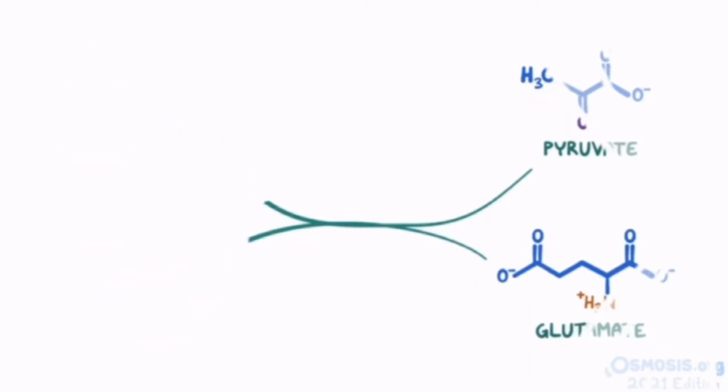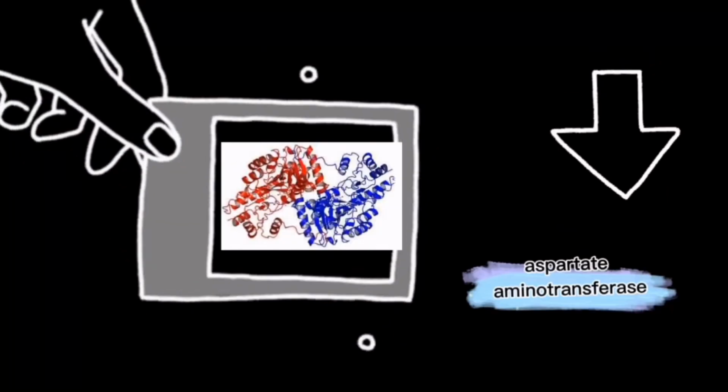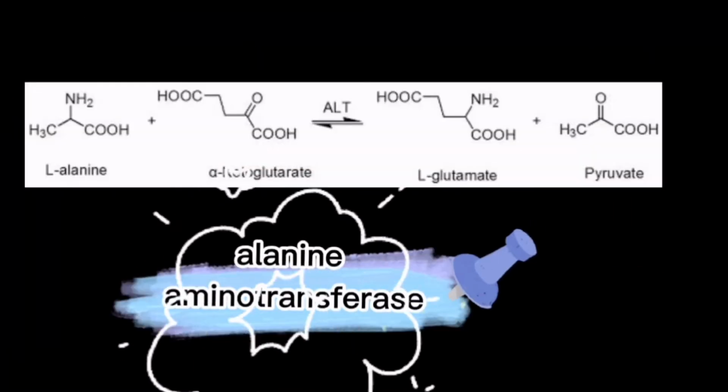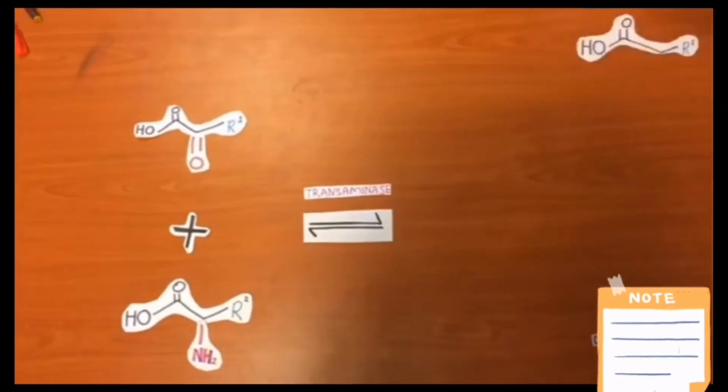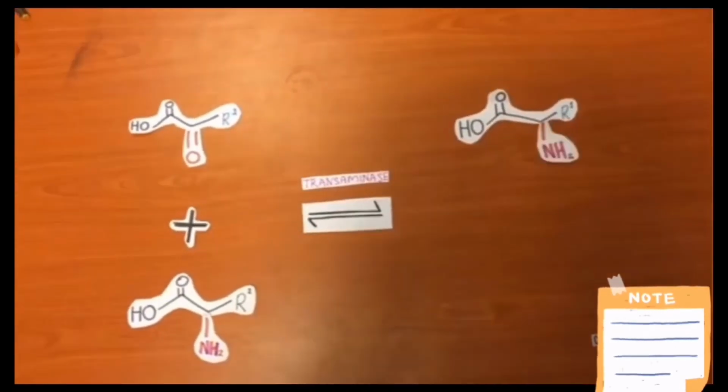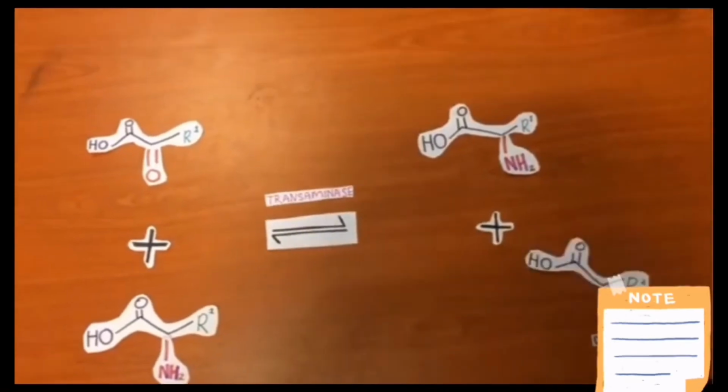The two most important aminotransferases are aspartate aminotransferase and alanine aminotransferase. Transamination is important for distribution of amino groups and production of non-essential amino acids.